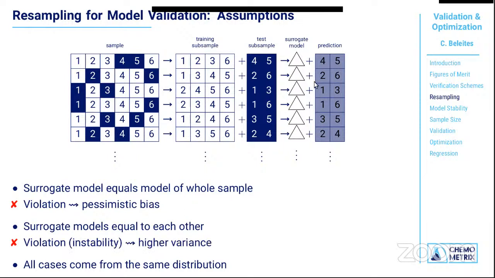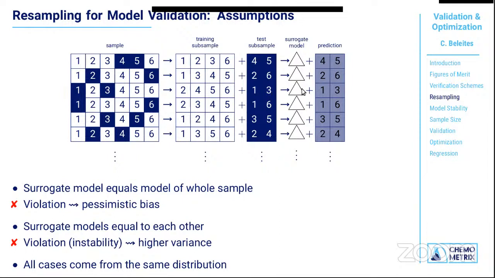When the second assumption breaks down and the surrogate models are noticeably different from each other, we say that the training is unstable, or these models are unstable. Unstable with respect to exchanging a few training cases.